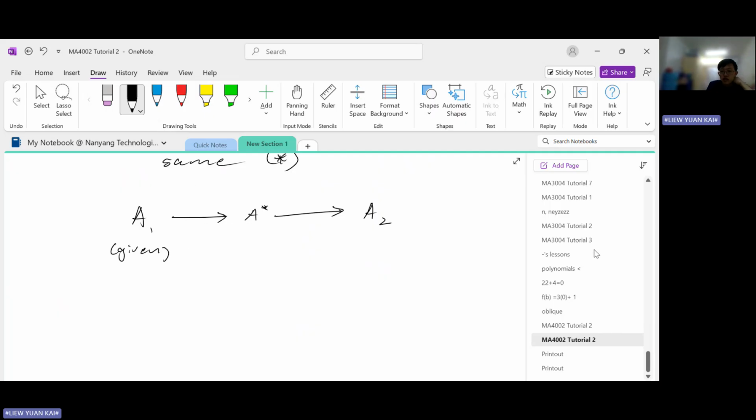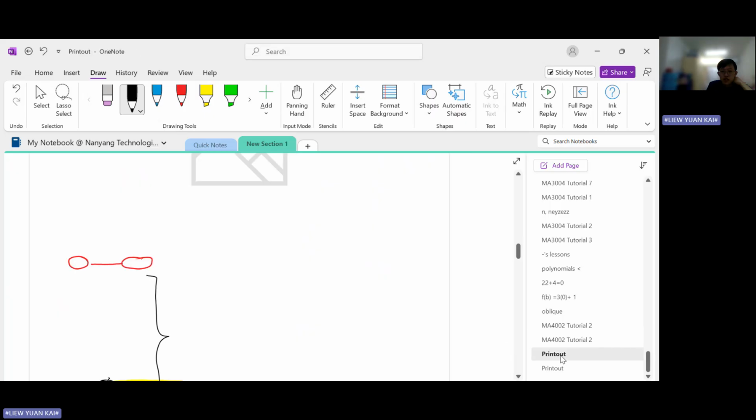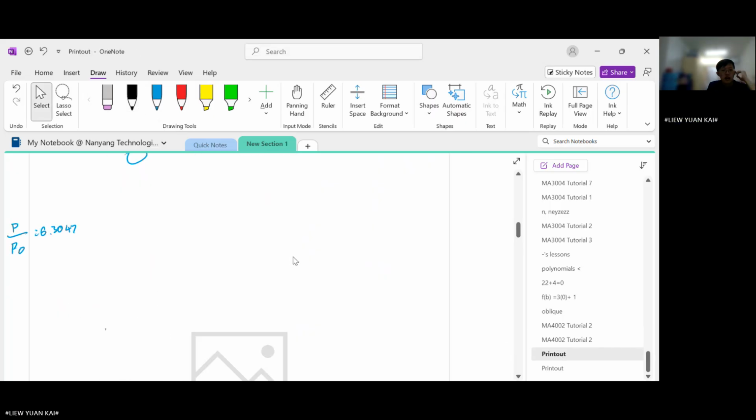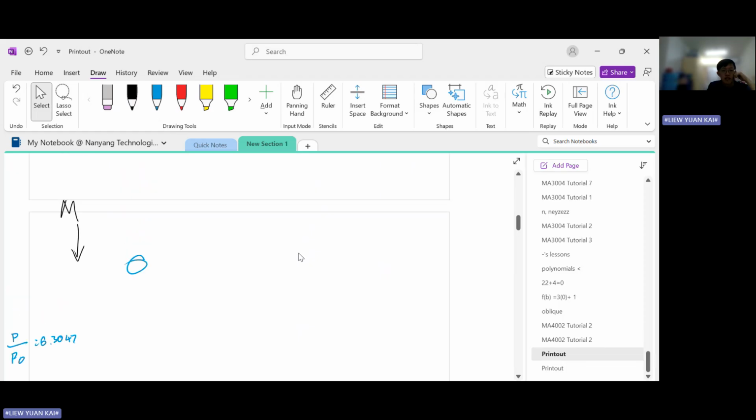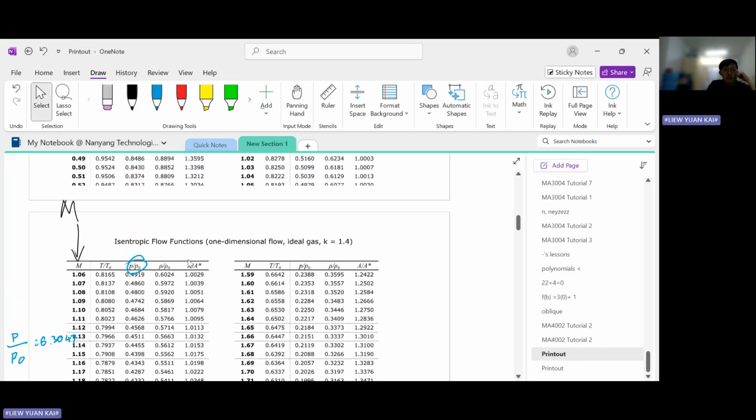So take a look at the flow function table. Notice that the last column of the flow function table is the area ratio. It is area at a point divided by the critical area. So we need to make use of this.